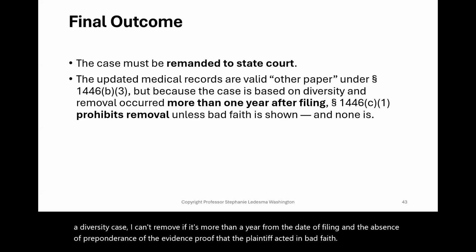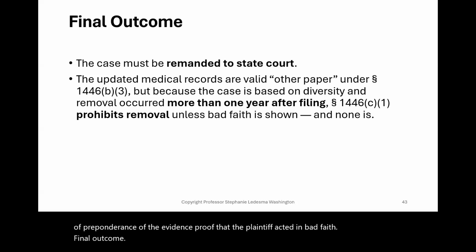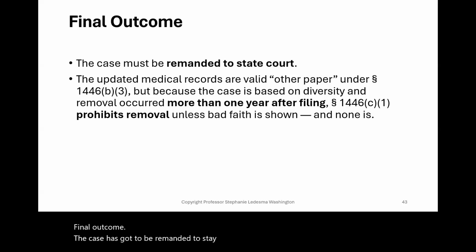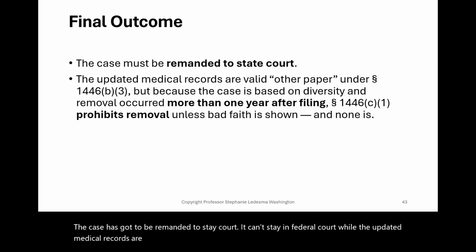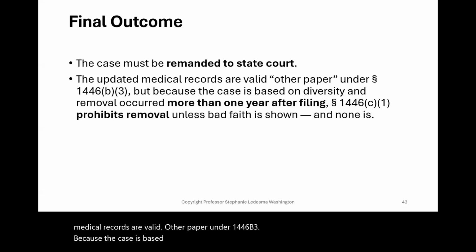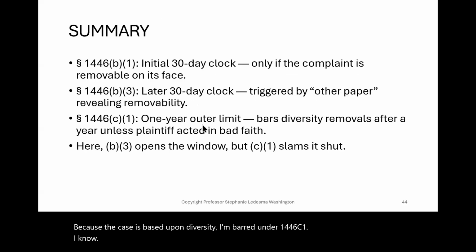Final outcome, the case has got to be remanded to state court. It can't stay in federal court. While the updated medical records are valid other paper under 1446(b)(3), because the case is based upon diversity, I'm barred under 1446(c)(1). I know. And we all cry.